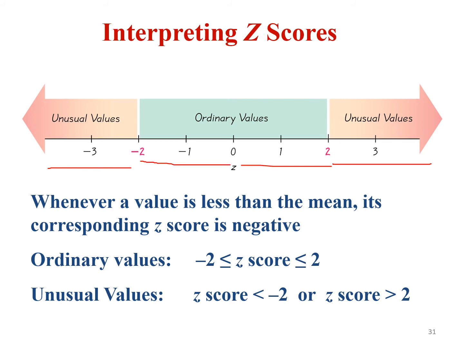In that situation it is not an unusual value, it is an ordinary value. So this interpretation is useful. If you want to identify whether your observation is unusual or not, first you have to calculate the Z-score. Then make sure whether your Z-score lies between negative 2 and positive 2, or equals negative 2 or positive 2. In that situation we can say it is an ordinary value, otherwise it is an unusual observation. All right, so this is the interpretation.